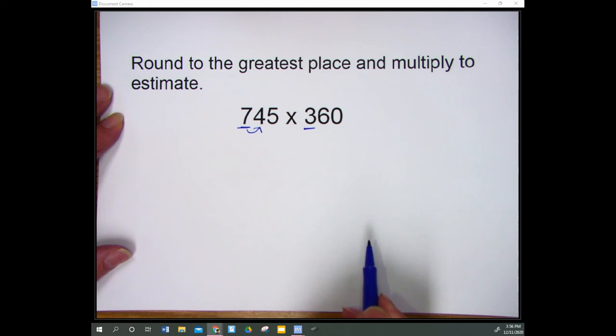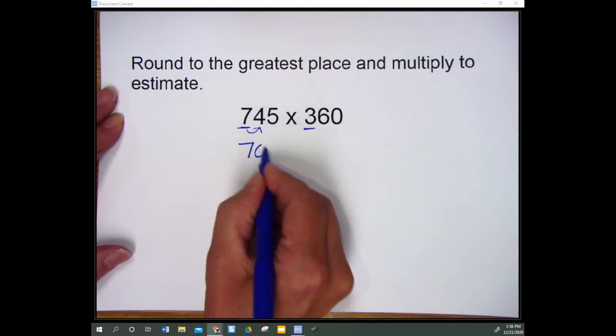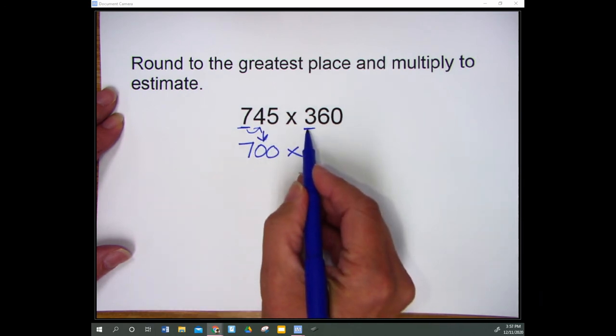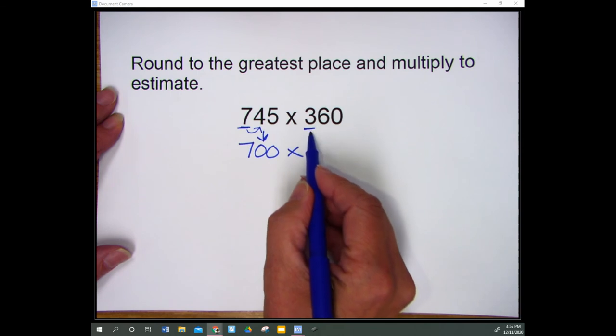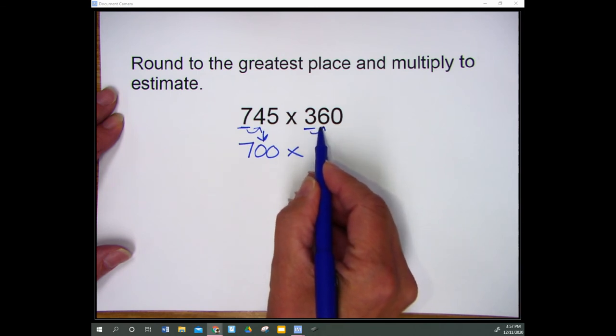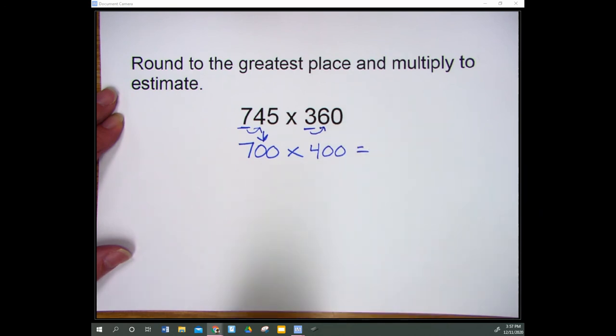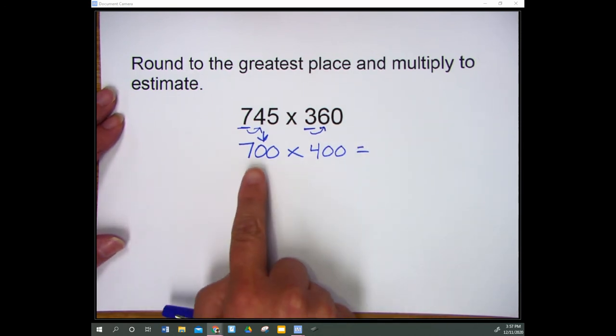When I look to the right, I have less than 5, so this is going down to 700. 360, that's between 300 and 400. Look to the right, I'm going to the higher value. I'm going to 400.